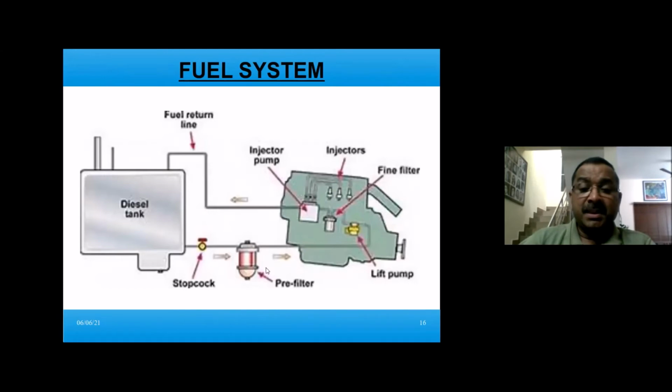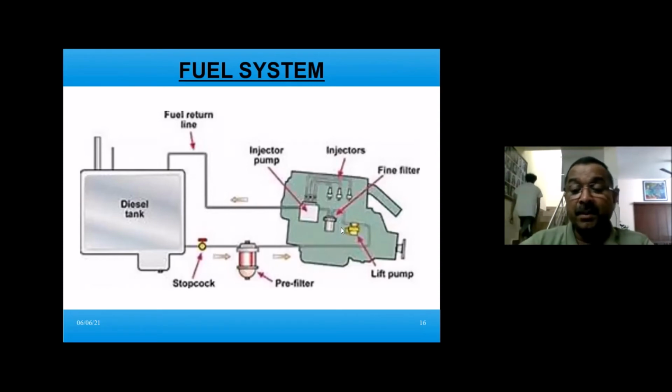So this is the schematic of our fuel system. So you have a diesel tank, you know, your car has a diesel tank here. So diesel will be circulated through this system by a diesel circulating pump.